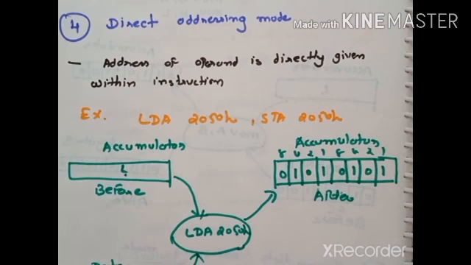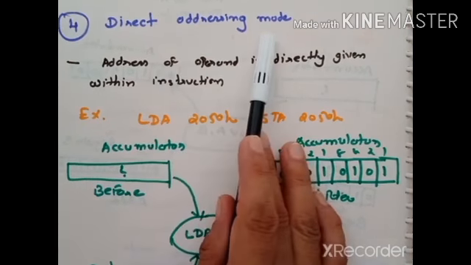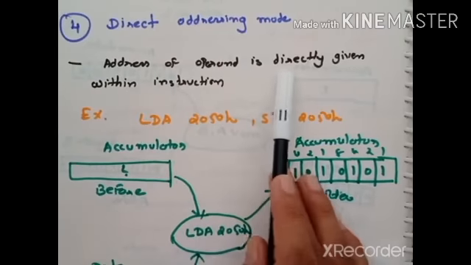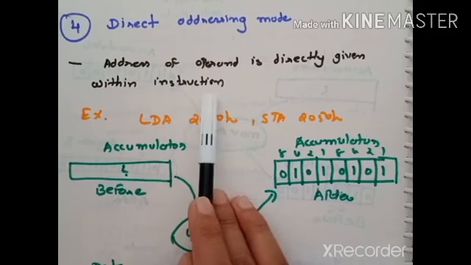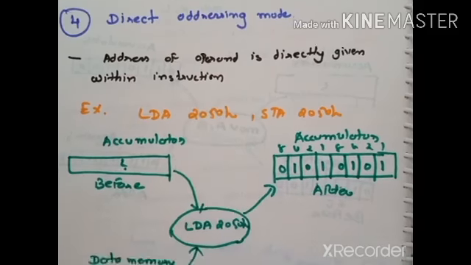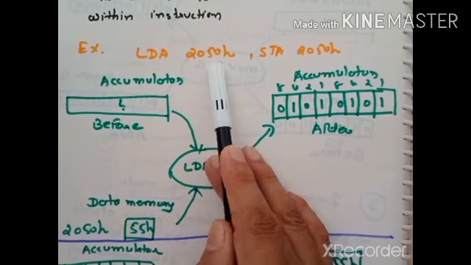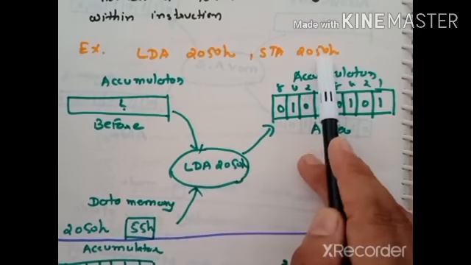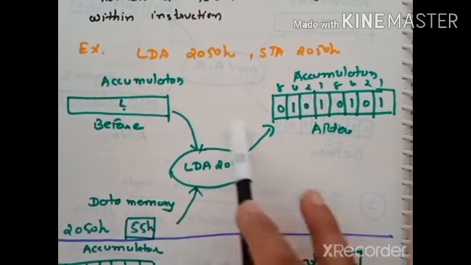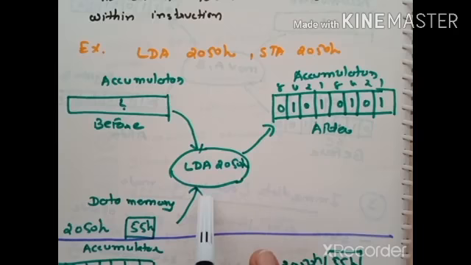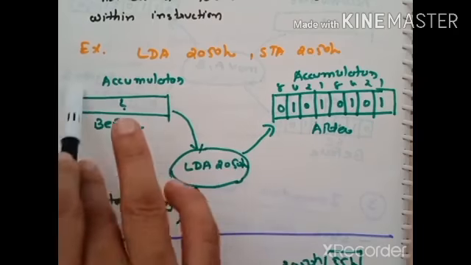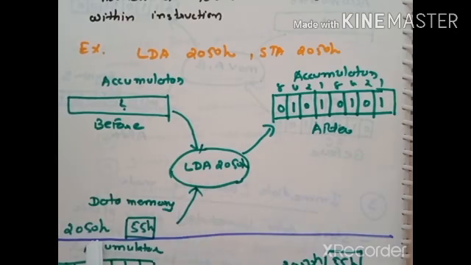The next is direct addressing mode. In this, the address of the operand is directly given within the instruction. Examples of this are LDA 2050, otherwise STA 2050. First, LDA 2050: before execution of this instruction, the content of the accumulator is unknown. The content of 2050 is 55H. After execution of this instruction, the content of the accumulator is 55H.